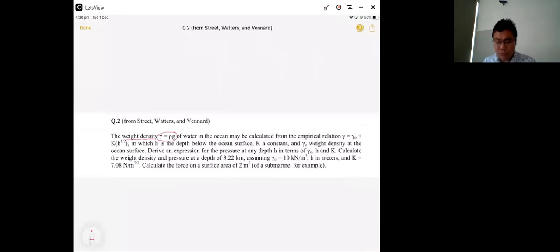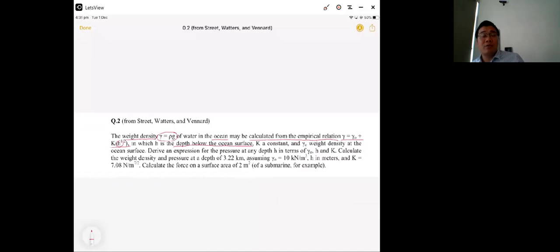Weight density equals density times gravity, of water in the ocean, which may be calculated from this relation: gamma equals gamma 0 plus k s to the power 1/2. It means in this case the weight density depends on the depth h, the depth below the ocean surface. The weight density, or the density, is not constant, and depends on the depth.